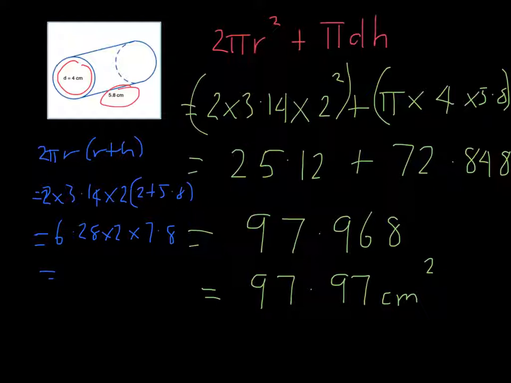Just checking using the other formula, 6.28 times 2 times 7.8 gives us 97.968, which is 97.97, the exact same answer. Remembering that total surface area is area, so it is square units: 97.97 centimetres squared, rounded to 2 decimal places.